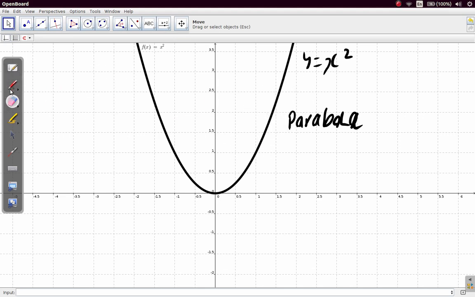Suppose this graph was turned sideways. I know that to turn this graph sideways, what I would do, right, is find the square root of x, which is the same as x raised to the power of a half.